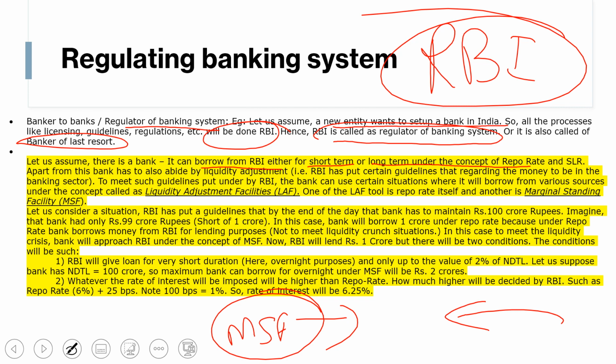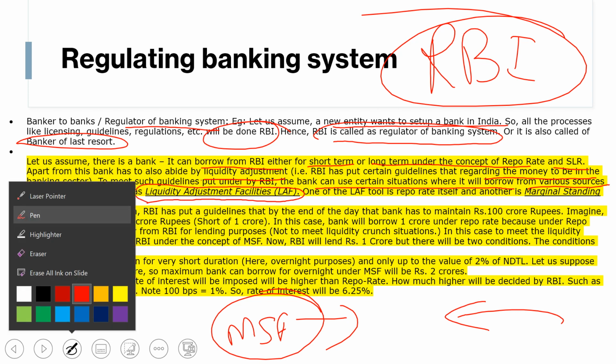Long term under the concept of repo rate and SLR. Apart from this, the bank has to abide by liquidity adjustment. The bank has to maintain some liquidity with them. RBI has put certain guidelines regarding the money to be in the banking sector. To meet such guidelines, the bank will borrow from various sources under the concept called liquidity adjustment facilities.